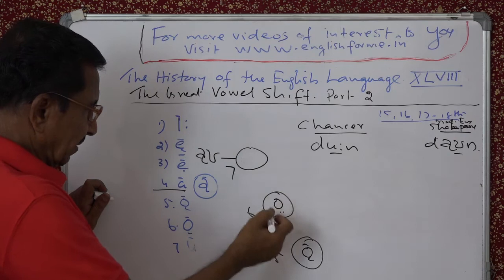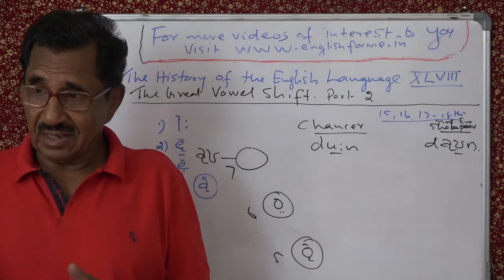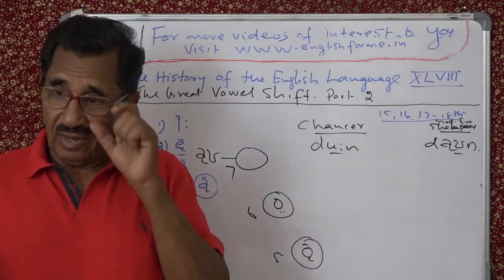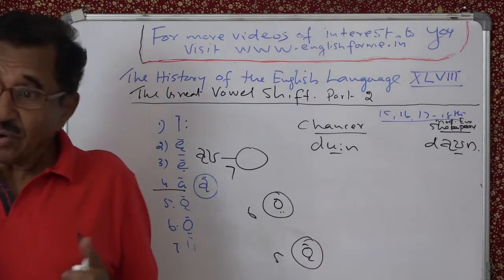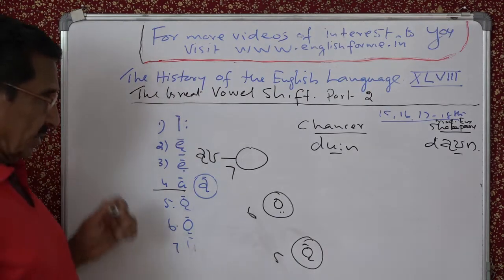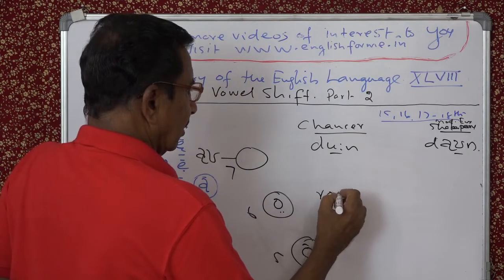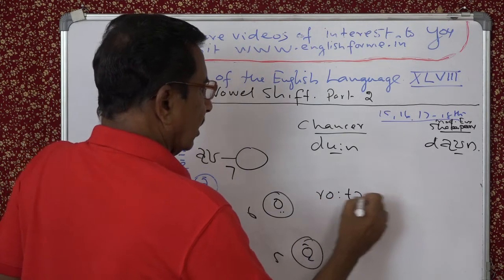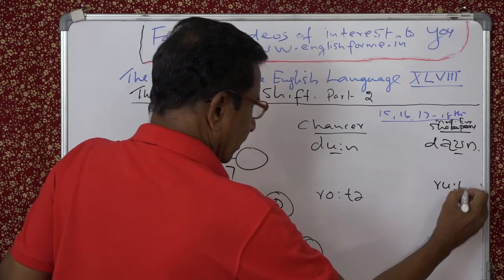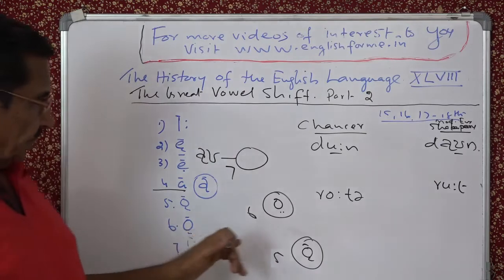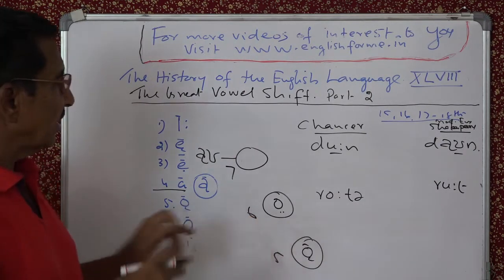Then the next word, that is, we can say, see the next word, say you have this word, rot. Rot. And that is root. So what happened? 6th has taken the position of 7.